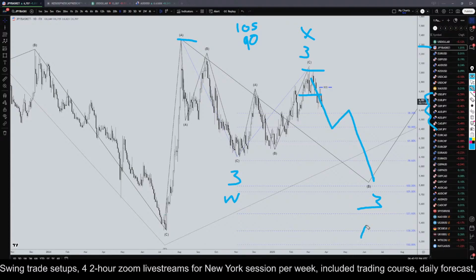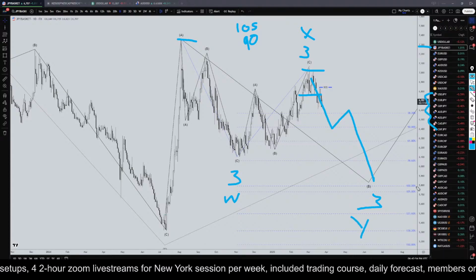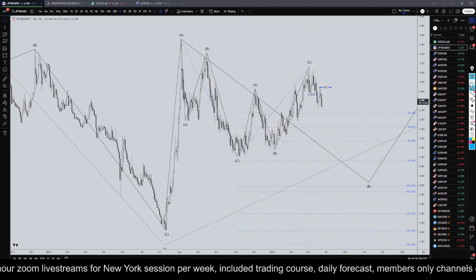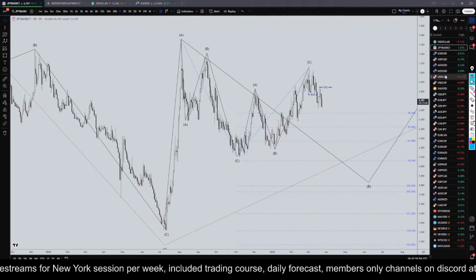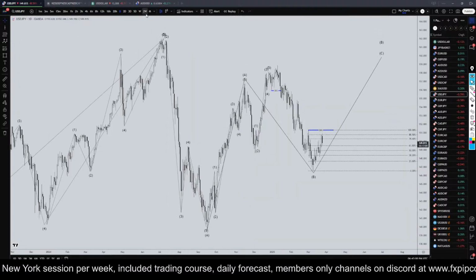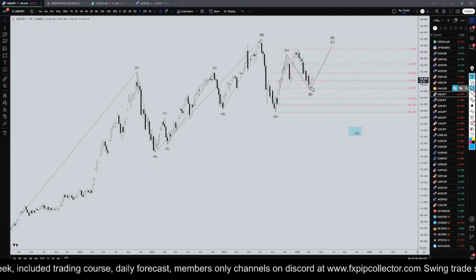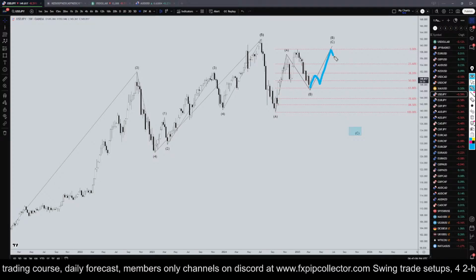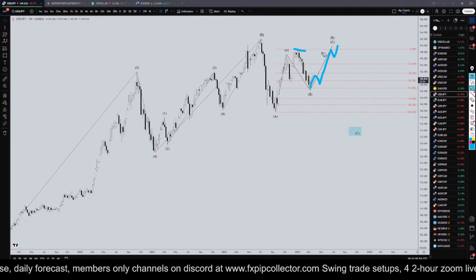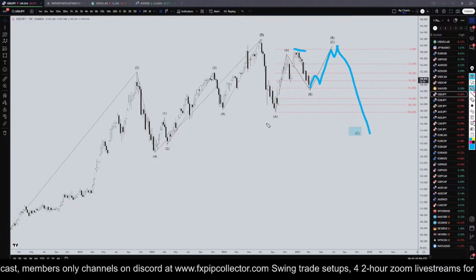I think it'll break structure too. Definitely. Yeah, uptrend. It might make more of a three-way pattern, but yeah, I totally agree on the higher time frames. Over the next month or two, it's probably going to do something like this. It's probably going to go back up to these highs, and then it's going to go down.